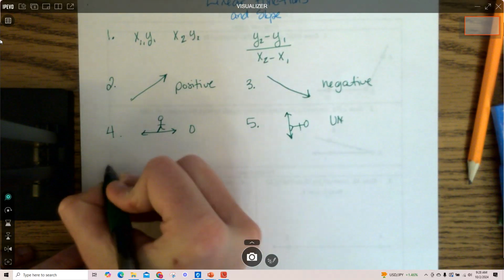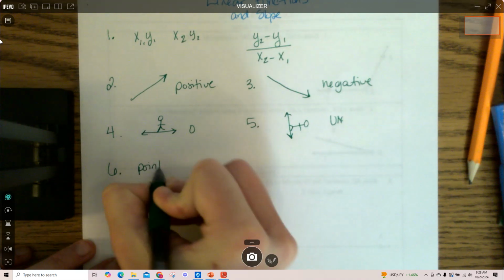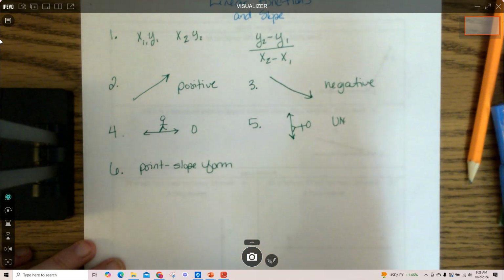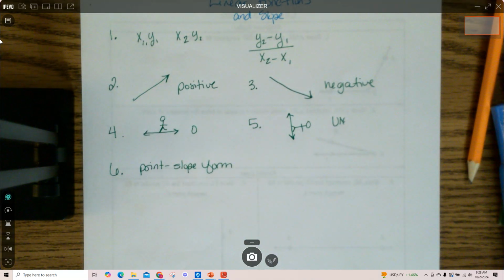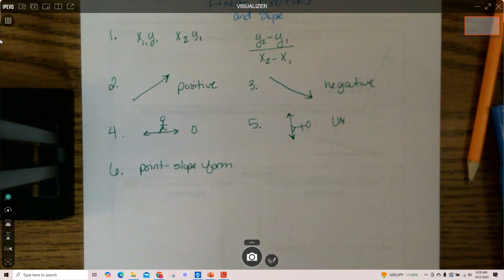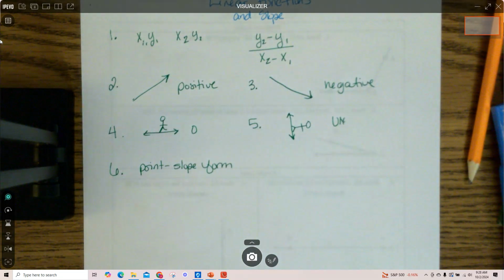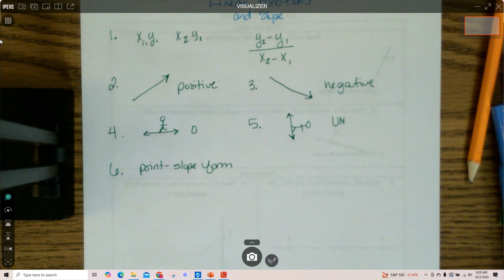Okay, 6. The point slope form of an equation of a non-vertical line with slope m that passes through point x1, y1 is blank. Okay, point slope form. Hang on. Isn't that like ax plus b? No, that's standard form.